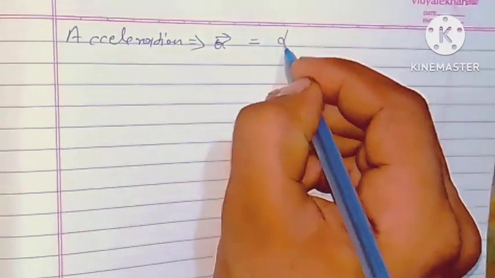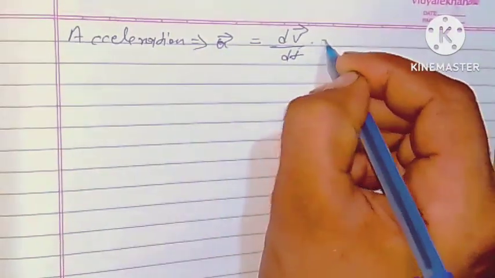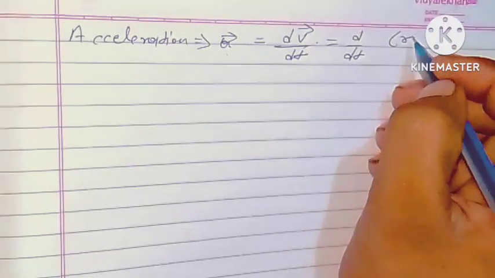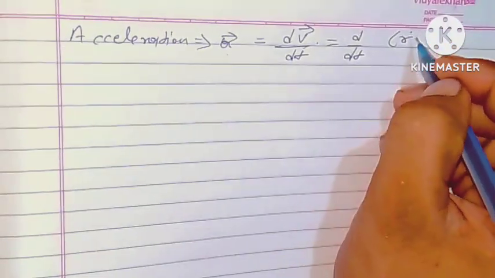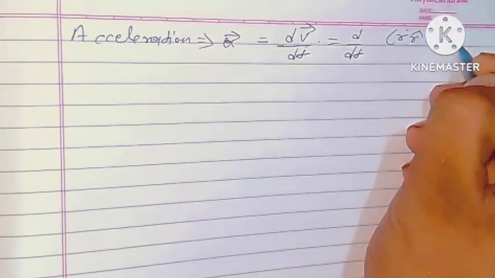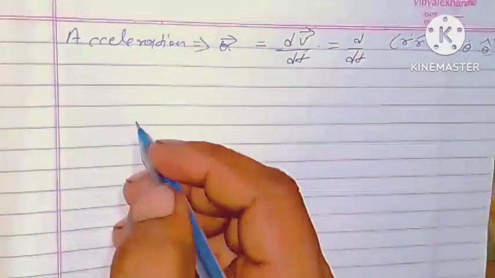Acceleration a equals dv by dt, equal to d upon dt of the derivative of r unit vector r plus r derivative of theta into unit vector theta.